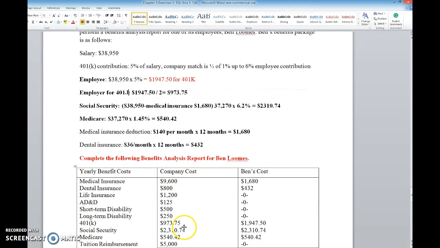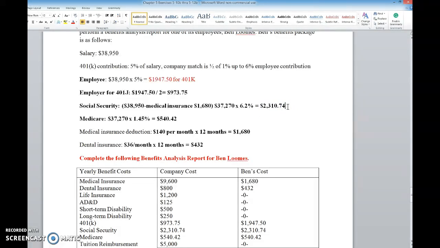Social Security. Now, for Social Security, we have to take into consideration that Ben does participate in the medical insurance. So we're going to take his wage, $38,950, minus the medical insurance of $1,680. So his taxable wages for Social Security is $37,270. Multiply that by 6.2% to get a total of $2,310.74.